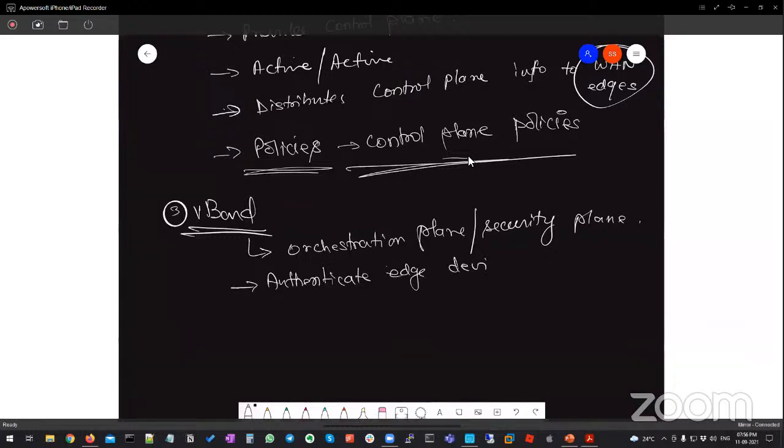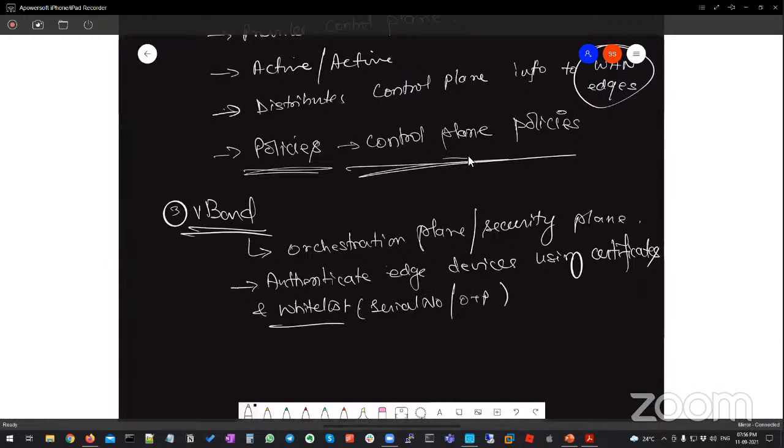Whatever edge devices you connect, it authenticates them using certificates. We generate the certificates and, based on your whitelist model, it provides it. Whitelist means the serial number of a device and your OTP, that type of stuff.